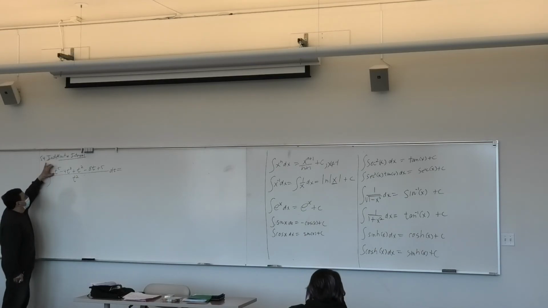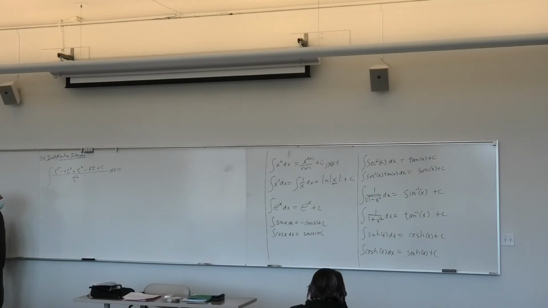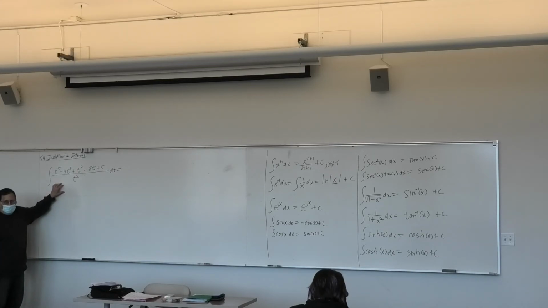Certainly this is not going to be the derivative of what's in the denominator. So that strategy, looking at that pattern, is not going to work. But we're free to use some algebra here, and we can rewrite and simplify this.